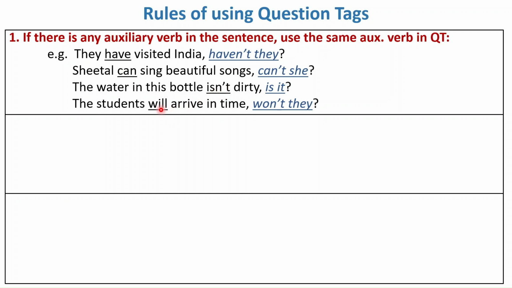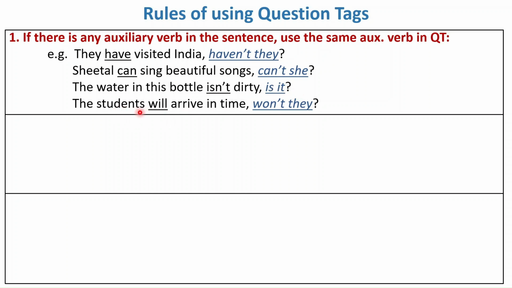These are auxiliary verbs, and if there is given any auxiliary verb in the statement, we have to use the same auxiliary verb in question tags. And we have to maintain the rule of positive negative as well. If the sentence is positive, we have to use negative question tag. But if the sentence is negative, like in the third one, the water in this bottle isn't dirty, in this situation we have to use positive question tag.